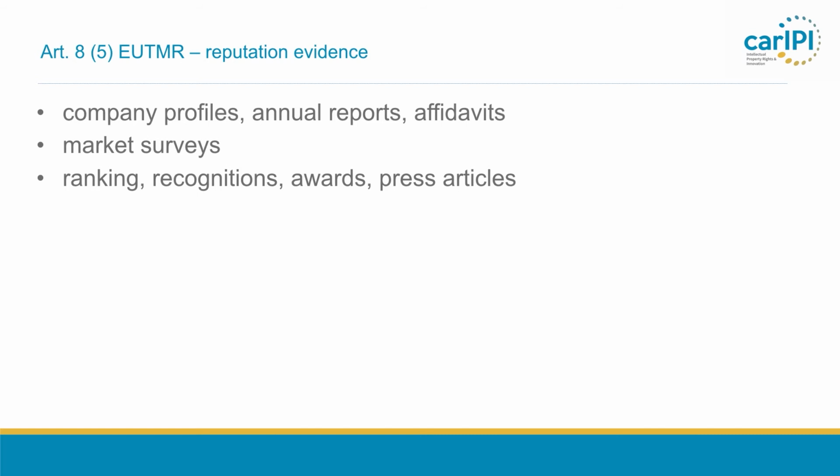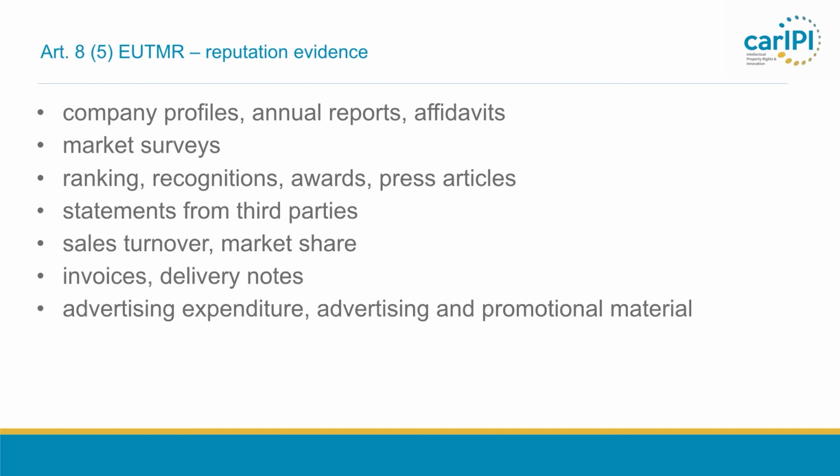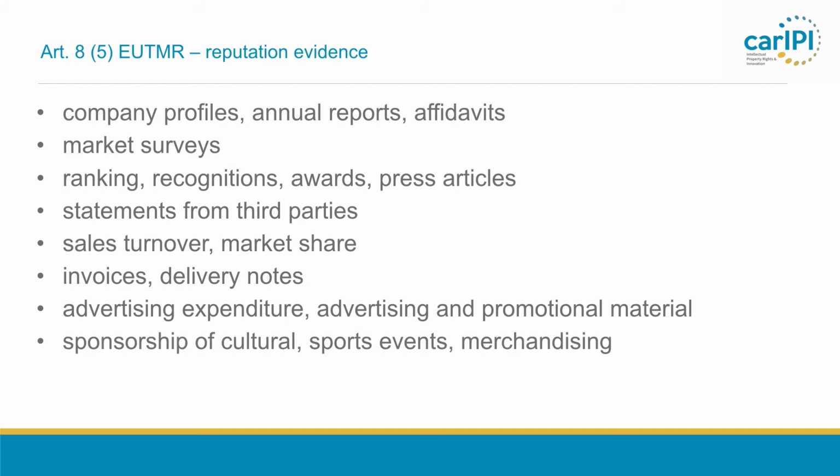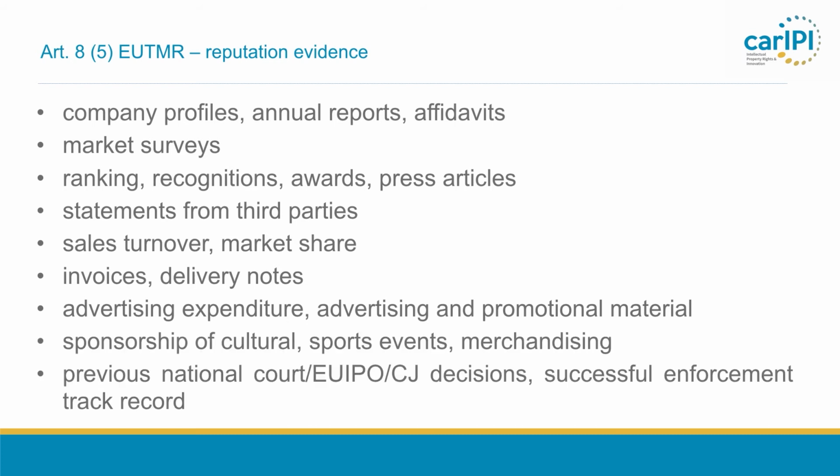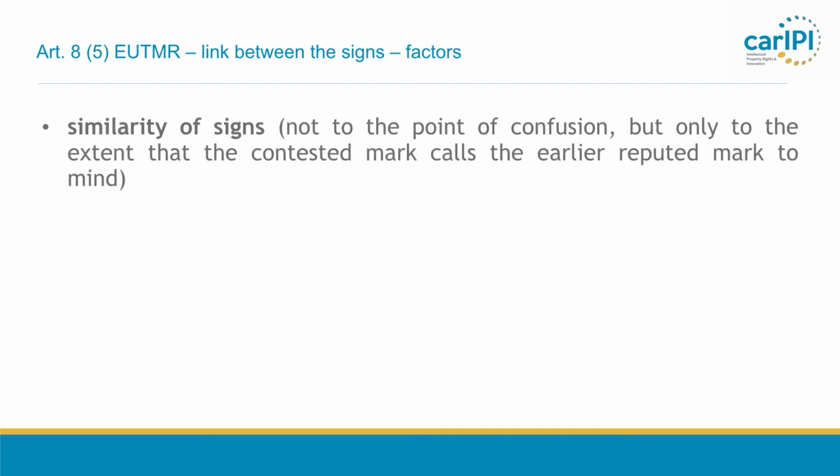It can also be proven by rankings, recognitions, awards, by press articles, turnover, sales, by advertising expenditure and material, sponsorship, and also earlier decisions of the court or of the Office can be invoked as well.